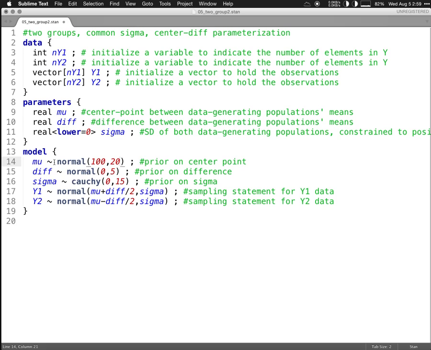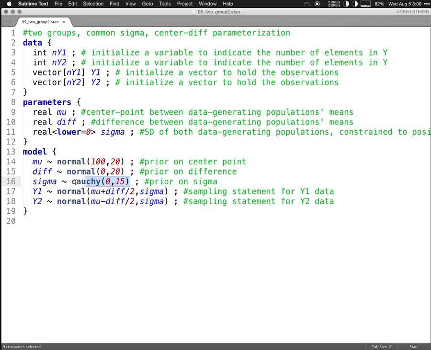So let's say it's a normal of 100 and standard deviation of 20, like we had before. And then we can talk about the thing that we're actually most interested in explicitly, which is the difference between the 2 populations. Our prior belief for that is a normal distribution centered on 0 with, let's actually bump that up, because it's probably more reasonable to have a broader distribution of beliefs.